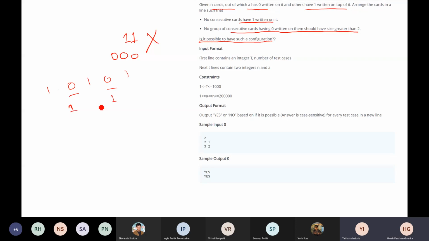And for the given n, the maximum number of zeros is when we fill all the gaps with two zeros, and also use two zeros in the beginning and two at the end. If the numbers of ones and zeros satisfy this condition, then we can have such a configuration. Otherwise, it's not possible.